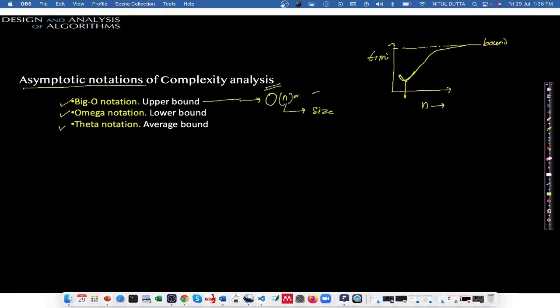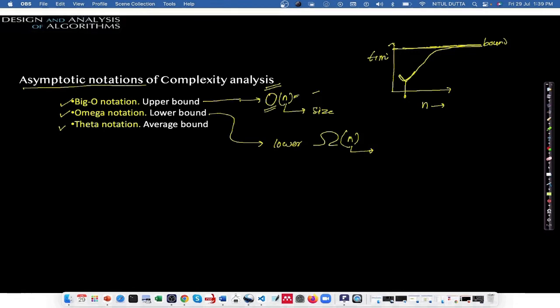So this upper bound, the maximum possible time required to complete the algorithm, is represented with the help of the big O. Similarly, the omega notation represents the lower bound. It is also represented as a function of n, and it is given as omega of n, where n is the size of the input.